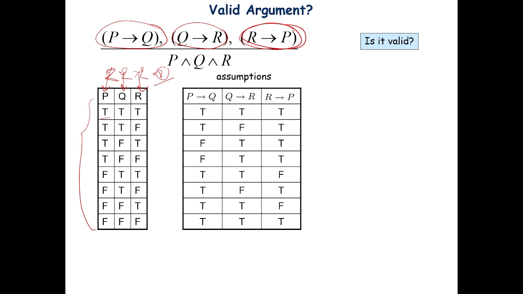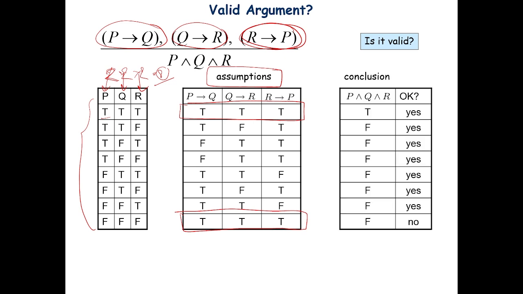Yeah, already found. And after looking at these assumptions, we try to take those cases where all the assumptions are true. That's your only focus. So this is one and this is one. Are there anywhere else? No. In these two cases, now you try to find P and Q and R. This is true.